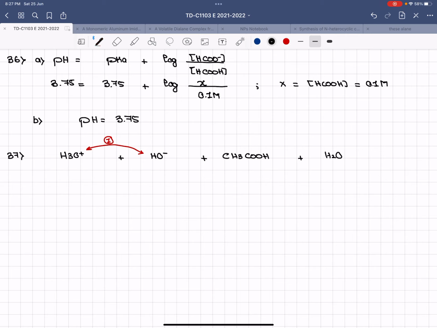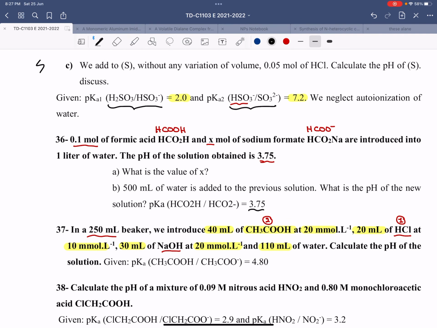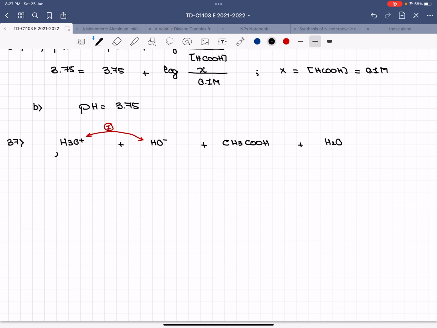So for H3O plus, you have 20 milliliters of 10 millimole per liter. Change it to liters, times 10 millimoles per liter, change it to mole per liter.